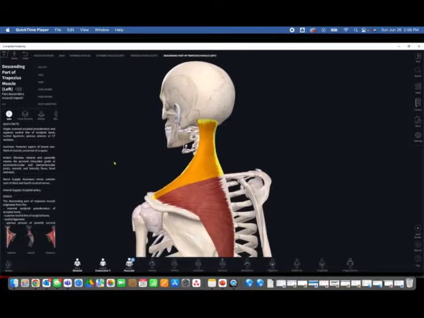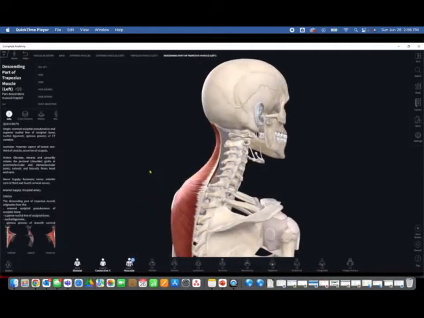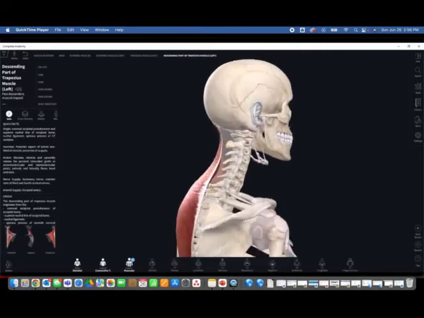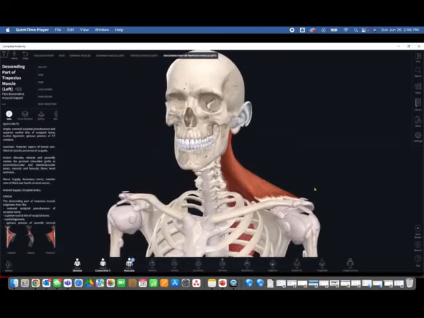Its action is it elevates, retracts, and upwardly rotates the pectoral girdle at the acromioclavicular and sternoclavicular joints and extends and laterally flexes the head and neck. Its nerve supply is the accessory nerve and the anterior rami of the 3rd and 4th cervical nerves for the sensory component. And so as we move the muscle around, obviously a fairly robust muscle.